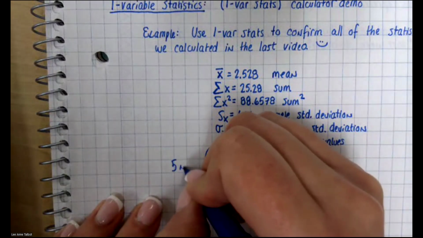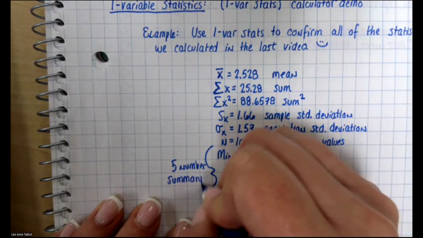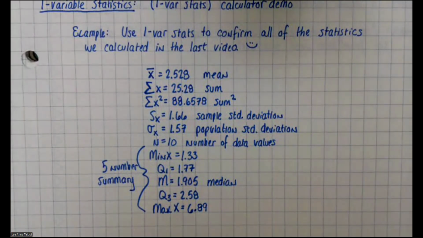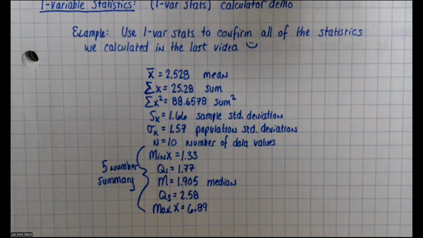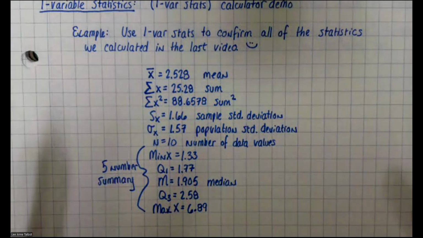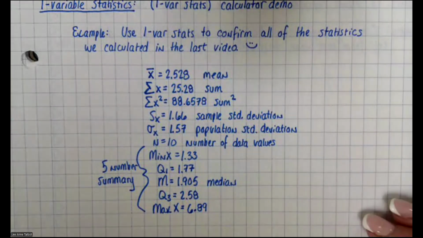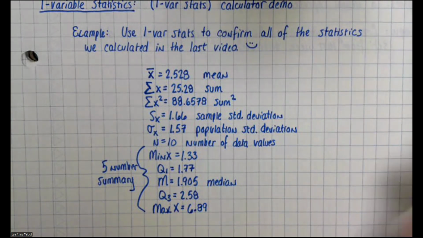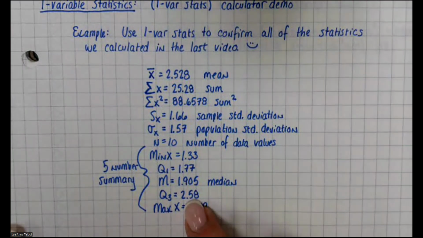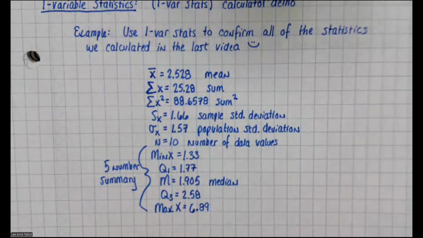Those are called the 5 number summary. And those 5 are the values that we use to make box plots, which we are going to use in just a minute. Okay, that's everything off of one variable stats. And all of those things should match the values that we found before. Hold on, let's just check. 2.58, 1.77. Yep. Everything's correct.